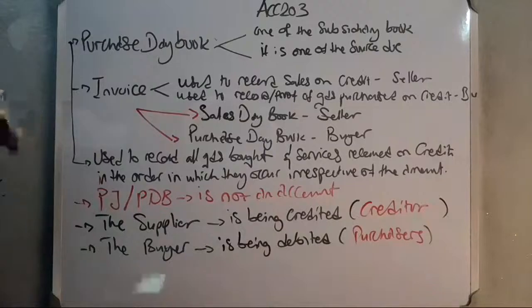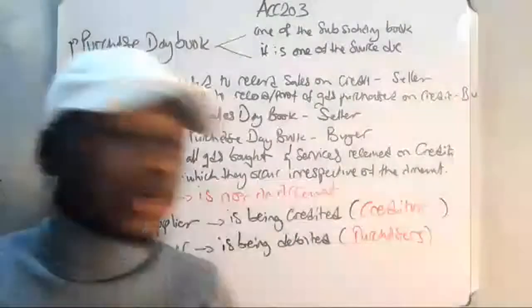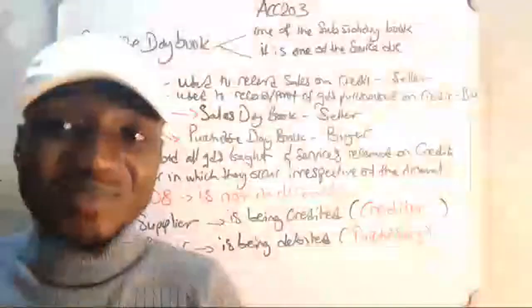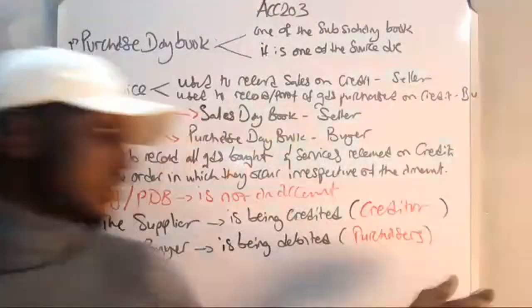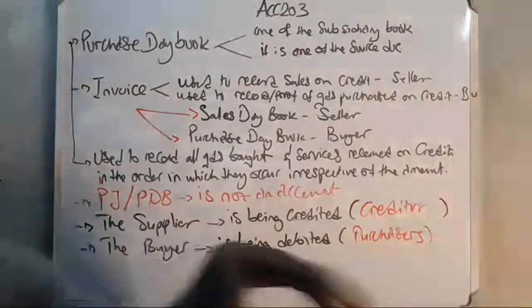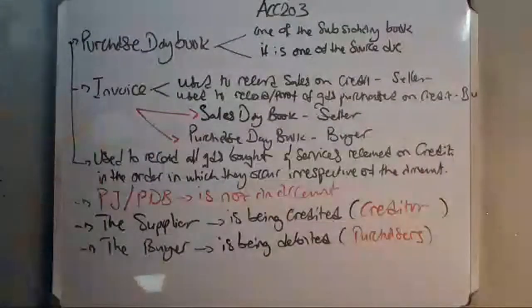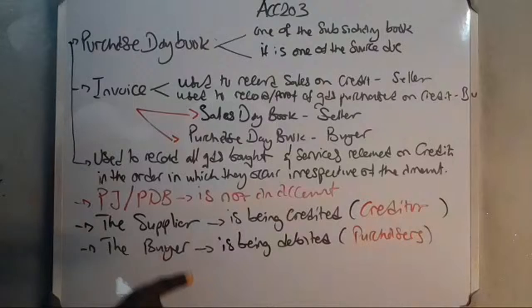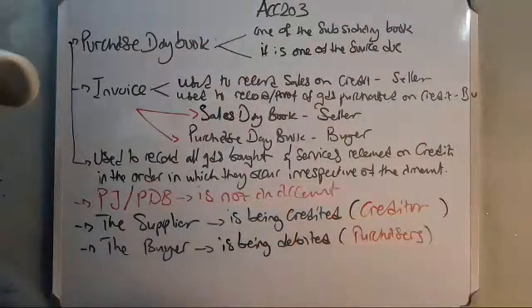Usually, as a supplier, you are selling, so it should not be on the credit side, it should be on the debit side because money is coming in, if it's not a credit sale. In this case, the buyer is to be debited, and the seller is to be credited.